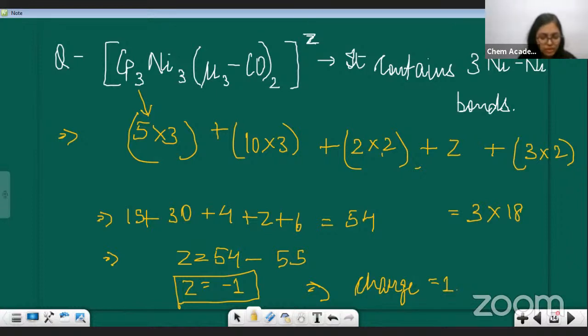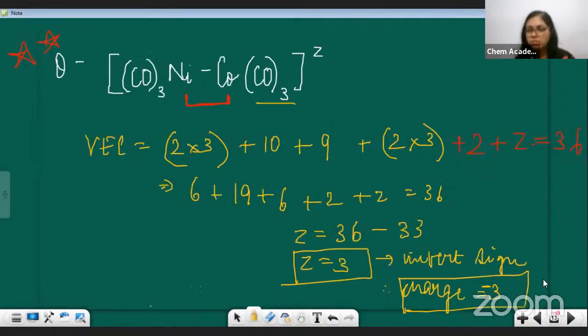Monica says, ma'am, there is some problem in the calculation of the previous question, I think. What is the problem in the previous question? Let me go back to it. Please tell me the problem. Let me check once again. This is 3 2s are 6 plus 10 plus 9 plus again 3 2s are 6.